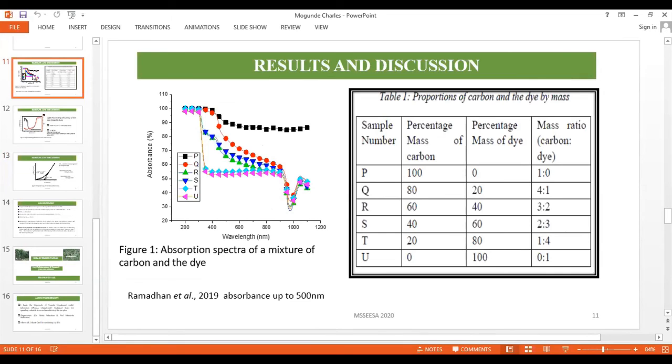That is when there is no mixture completely. And when you have carbon alone, that's what you expect. Okay, U is for the green dye. Yes, green dye. And then to which one is carbon? Yeah, pure carbon is P. Oh, okay. Yes.